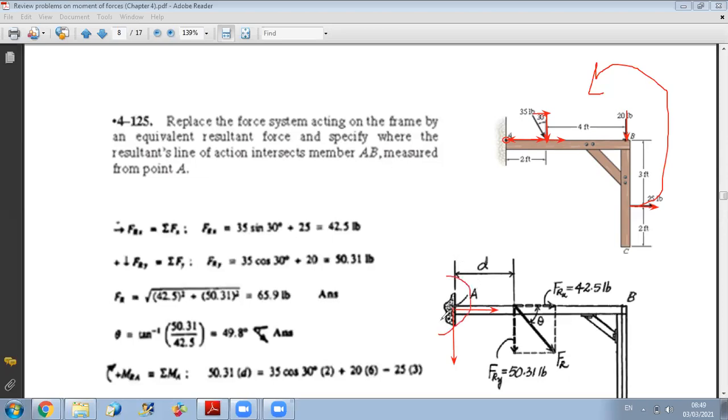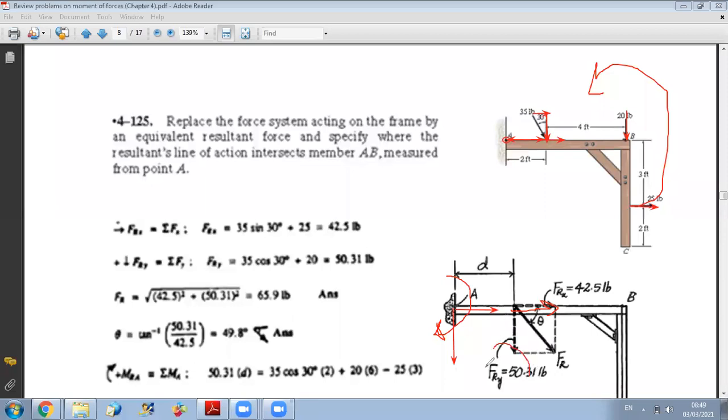So now, once I have reduced my system, I ask what distance I should displace on AB in order to have an equivalent system with one single force. Again, same method. If I displace on AB, the X component is not producing any moment because it's passing through A. So the only contributor to the moment will be FRY.